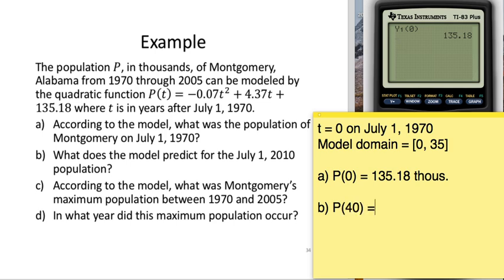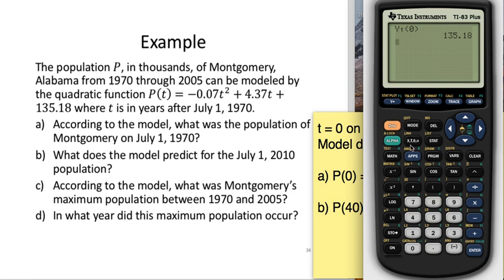Notice that right here, we're being asked to extrapolate with our model. We're going 5 years beyond the stated model domain, so we're in uncharted territory here. If this trend were to continue, this is where the model would say the population would be going on July 1st, 2010.